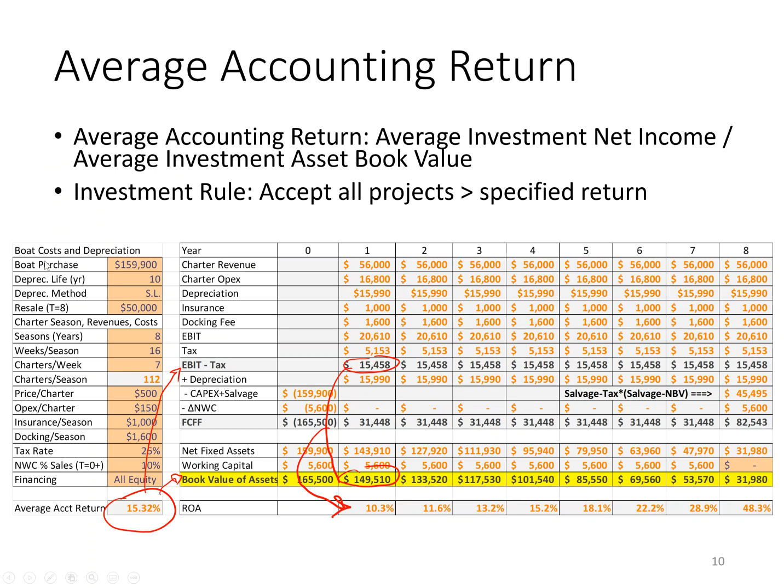So I'm going to first calculate the ROA each year, which would usually be the net income over asset balance on the balance sheet. However, in this example, I'm going to use the EBIT after tax, and that is my net income if I have no debt financing.